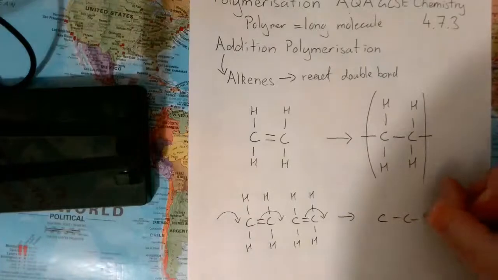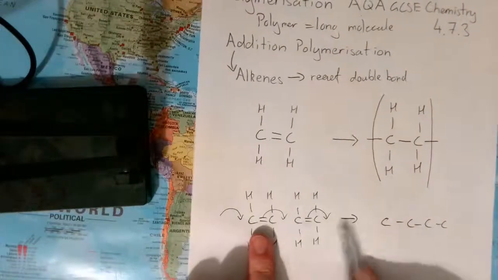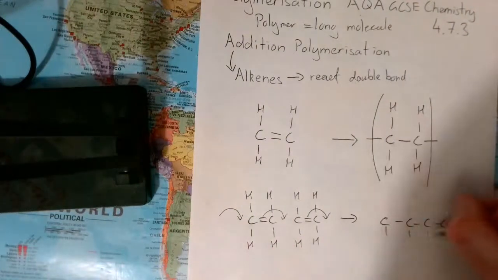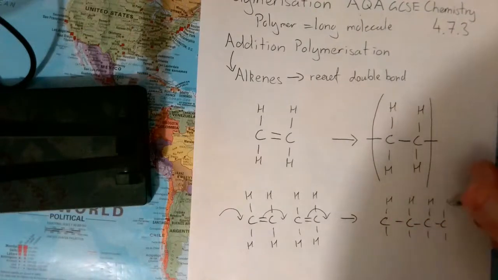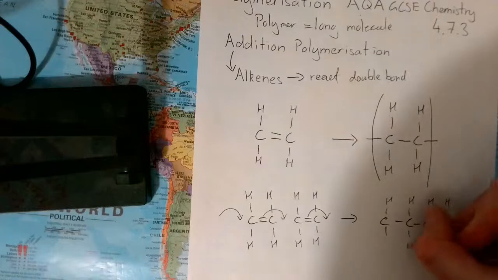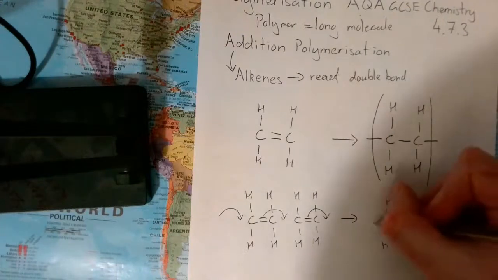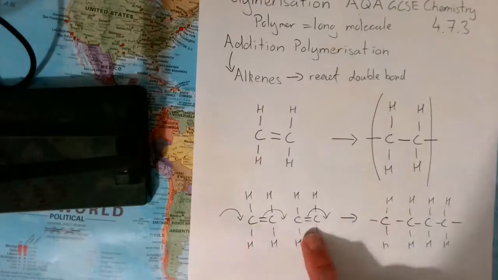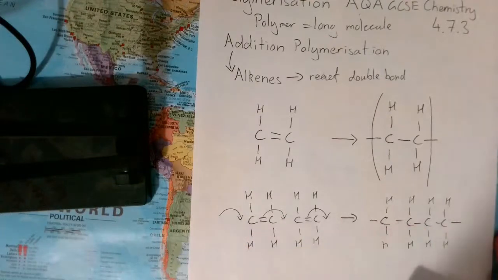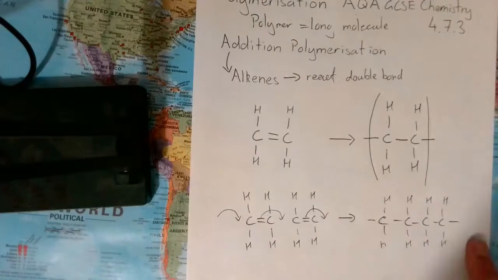So we end up with the same 4 carbons going along, and all the hydrogens are still in place, but there would have been bonds continuing. So if I'd drawn 7 of these, we'd end up with, well, 7 times 2, 14 carbons.